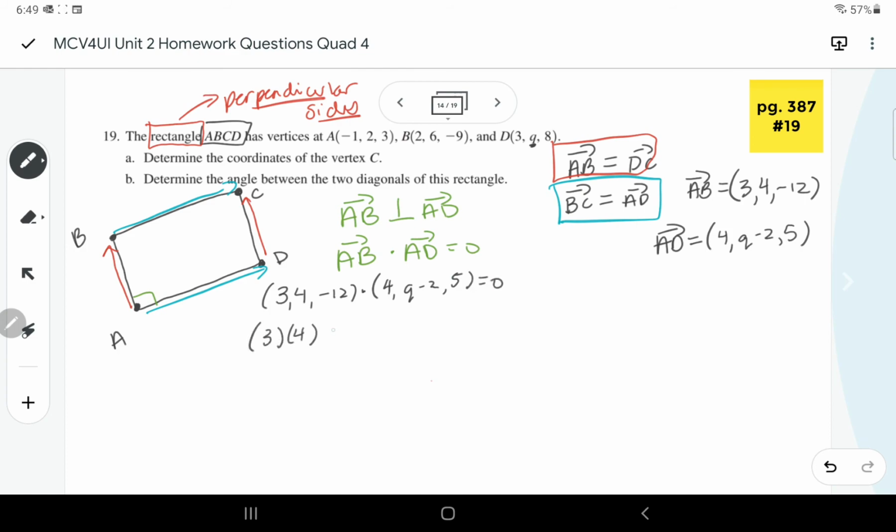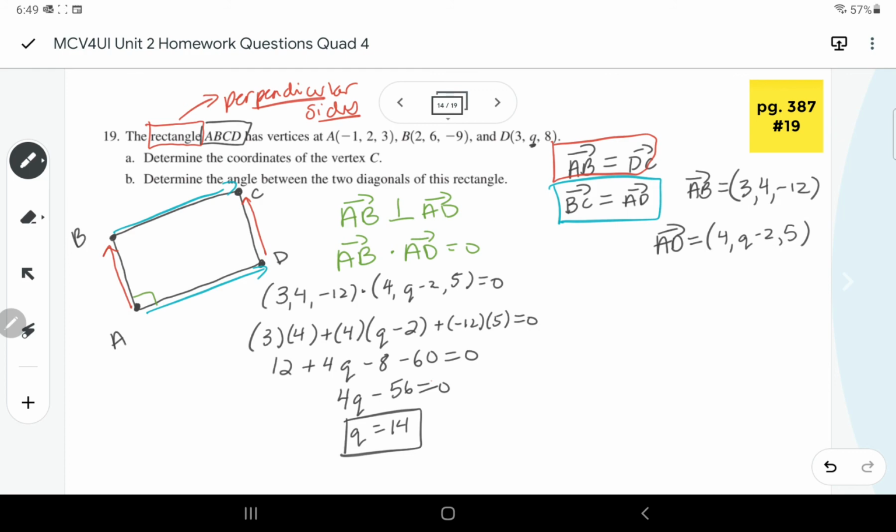So 3 times 4 plus 4 times (q minus 2) plus negative 12 times 5 equals 0. So 12 plus 4q minus 8 minus 60 equals 0. So 4q minus 56 equals 0, and then we get q equals 14.